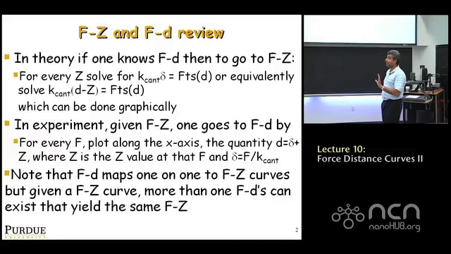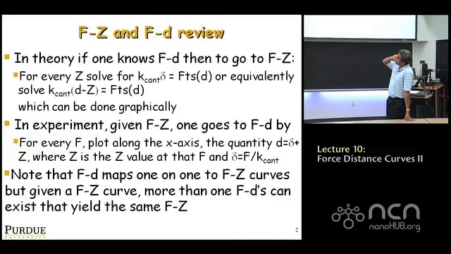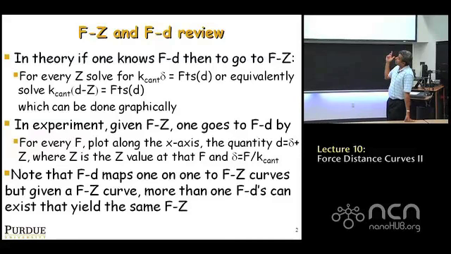I hope you really understand this. It's essential to understand it. If not, please talk to me after class. You really need to get this difference down. So what you're asked to solve is this equation, k times (d minus Z) equals F_TS(d). For every Z, you have to solve this equation to figure out what is the d value that you're going to settle down to. That's it.